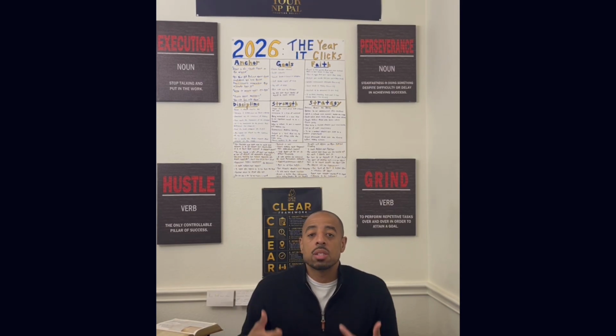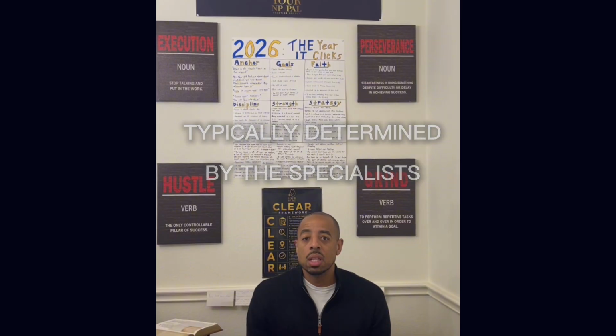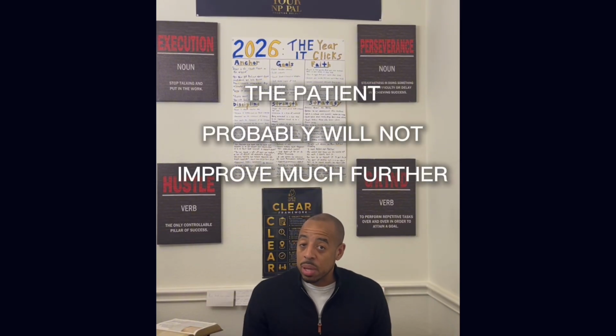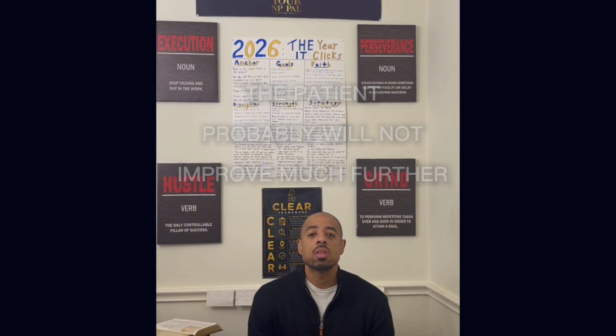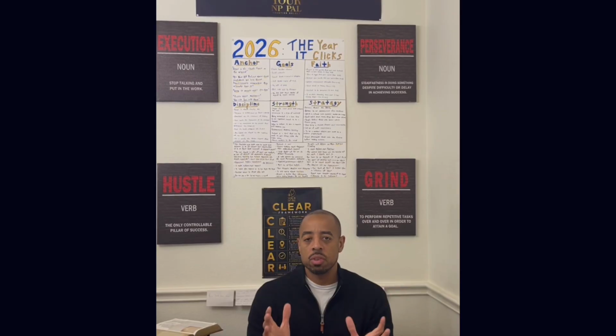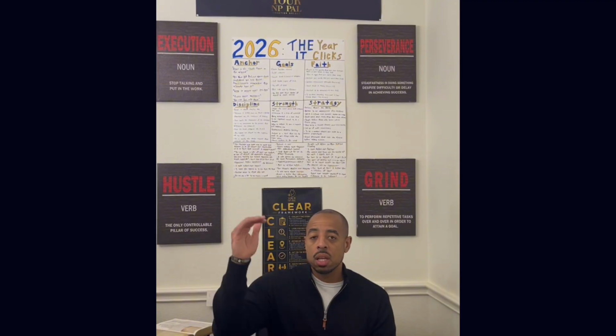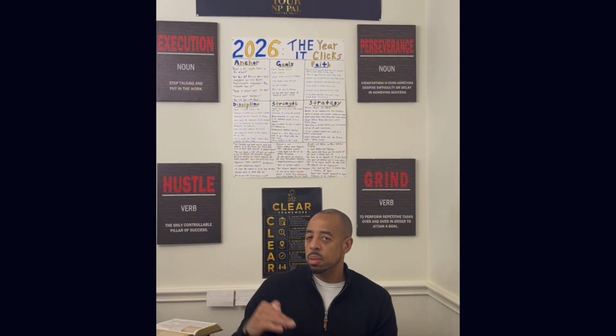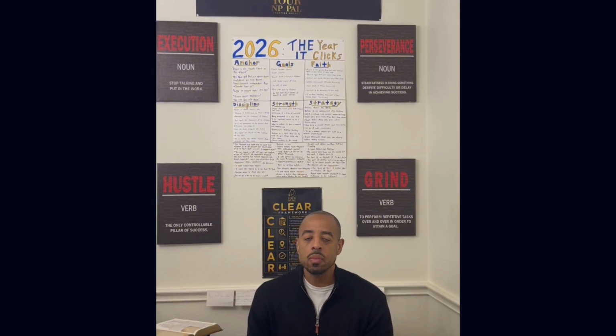The specialist gets to the point where they say, I don't think this is gonna get any better than this, okay? They typically perform this, mark it down, and say this patient probably won't get any better than this, all right?